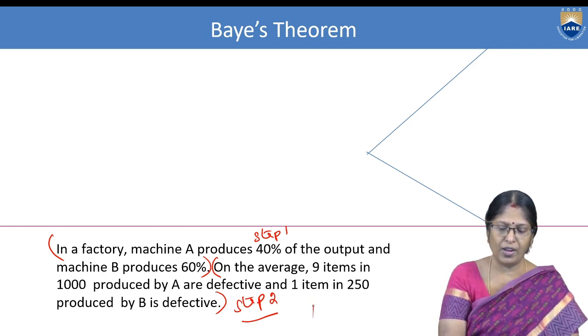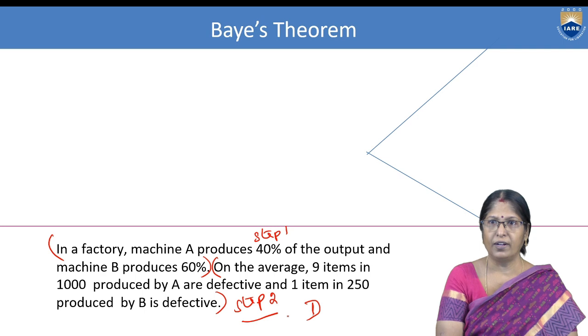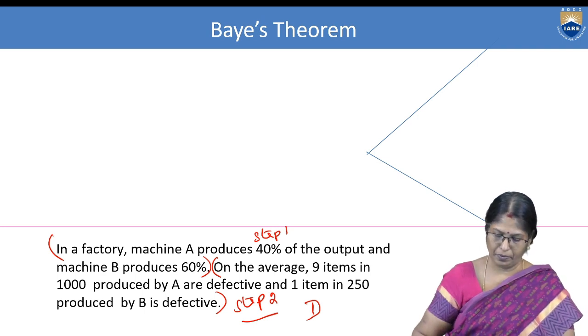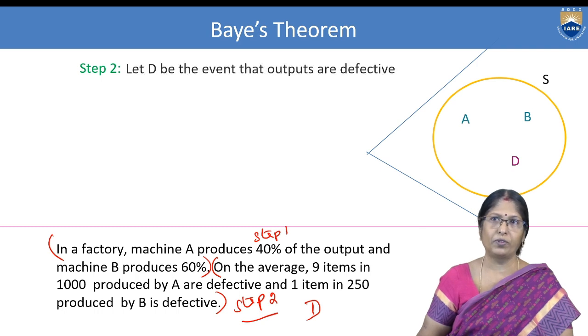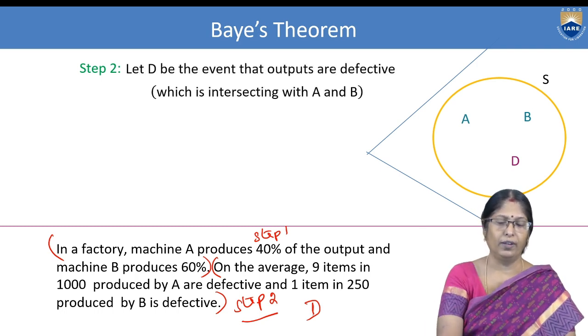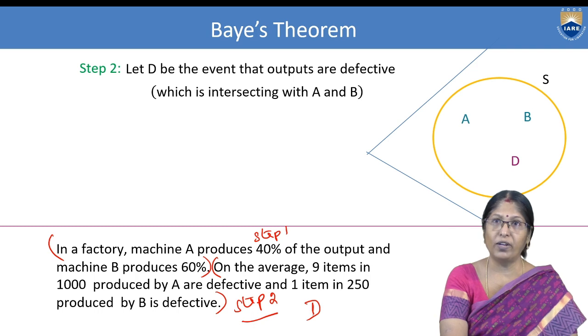We have given the name D. D represents the defective outputs. So A and B are the main events. D is our defective outputs. So we let D be the event that the outputs are defective.